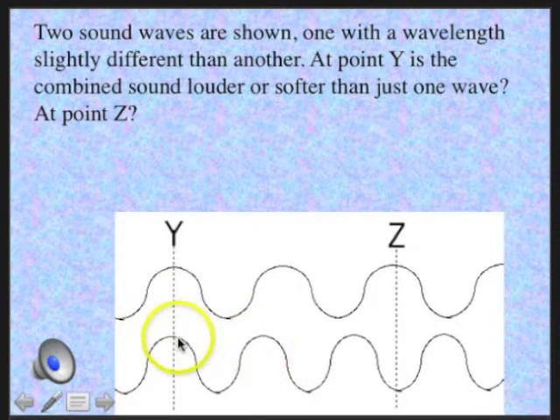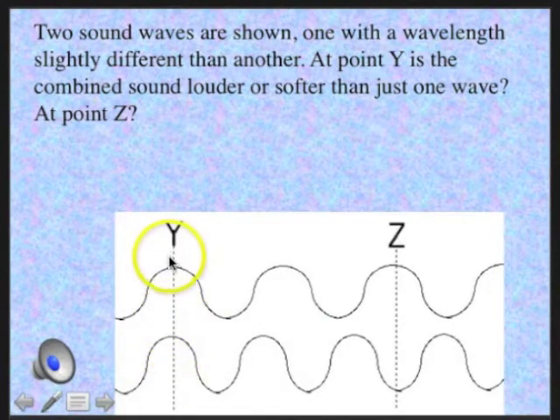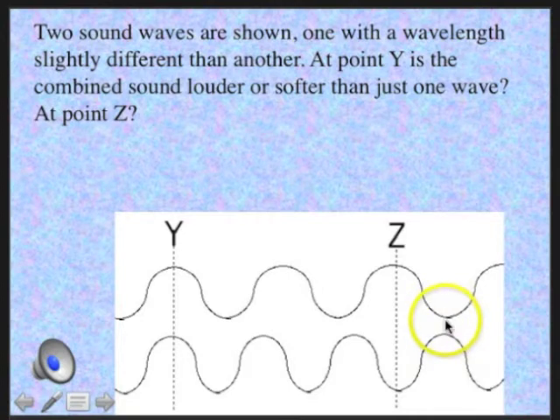And what that does is that it causes the waves to oscillate in their relationship to each other. Here, both waves are aligned and you would have constructive interference. Then as the wave shifts, we get to a point where the waves are canceling each other out.